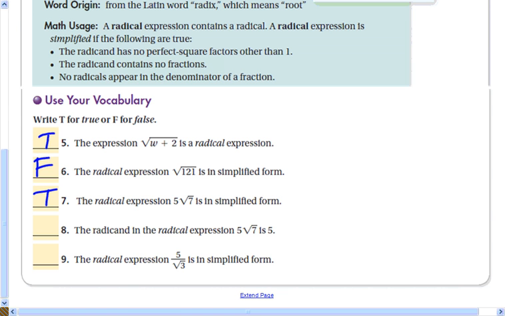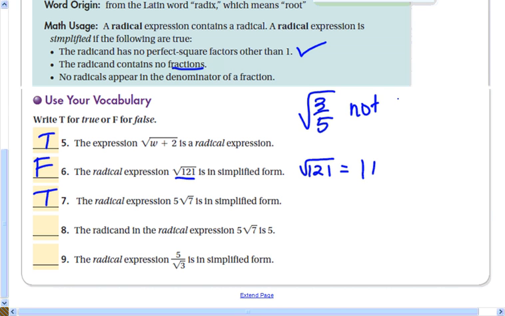To be simplified, the radicand has no perfect square factors other than 1, and that's the reason this one's false, because this 121 is a perfect square, so we could just write that as 11. The radicand contains no fractions, so something like this would not be simplified.